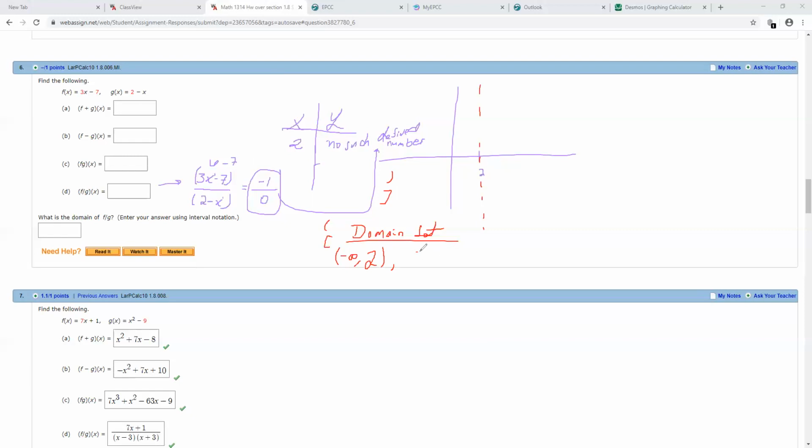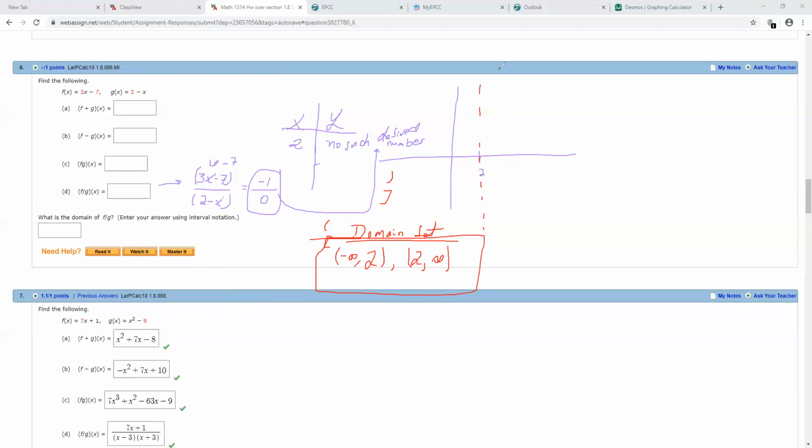So from 2, and do we put an open bracket here at 2 or an open parenthesis? Open parenthesis. And then what? From 2 to infinity. And there is our domain set in interval notation.